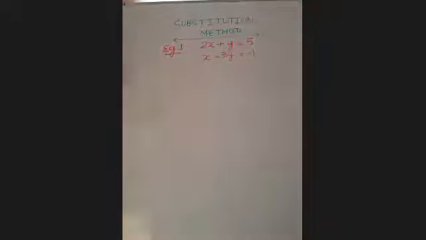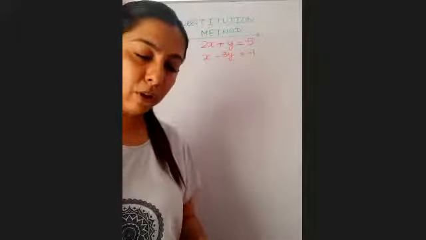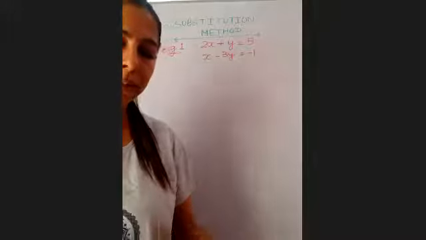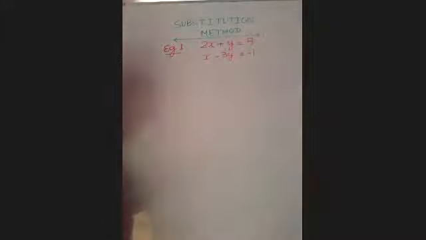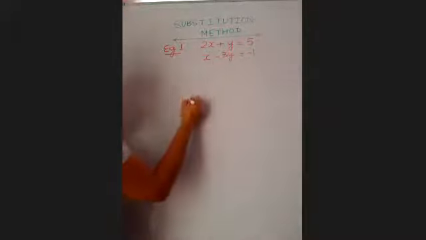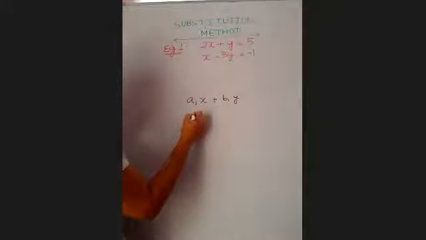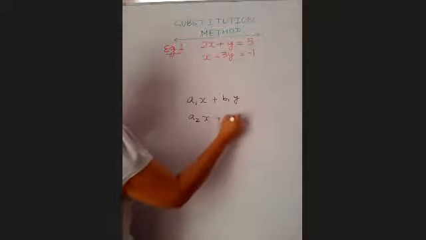Children, I would say there are some rules. If you follow those rules for the substitution method, the task will be easier. Now, what are those rules? First of all, in the general form, we write a1x, b1y, a2x, b2y.